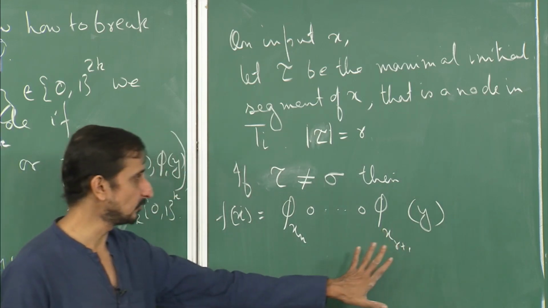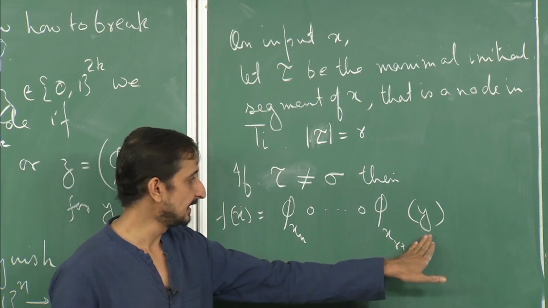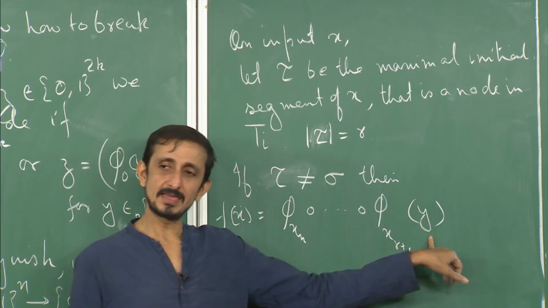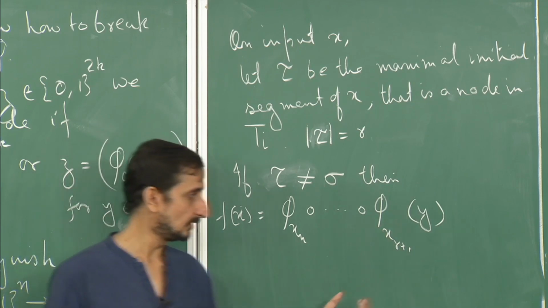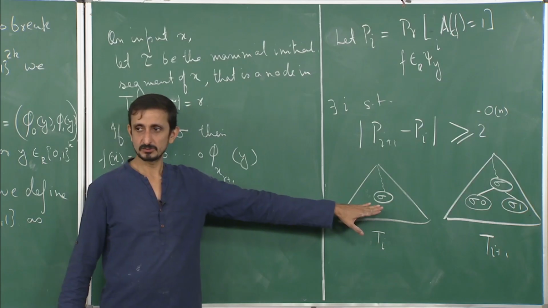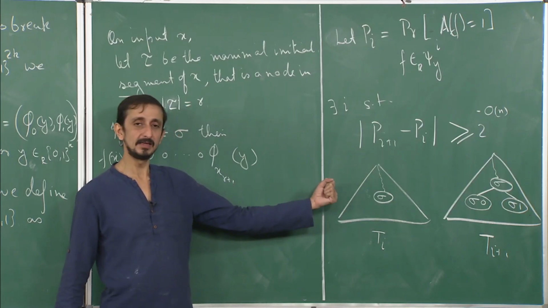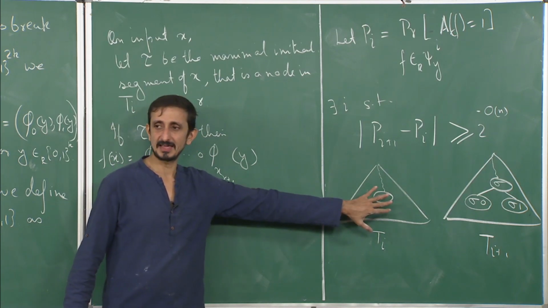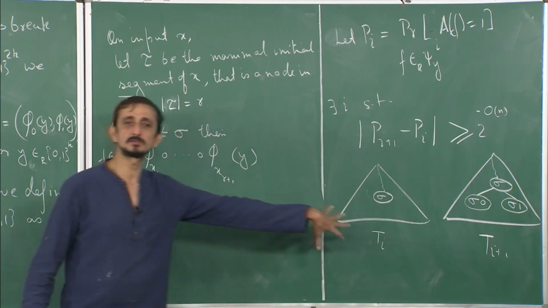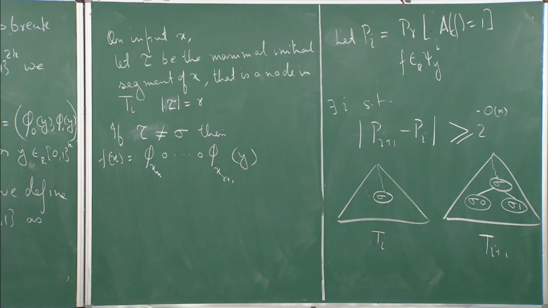One point I want to emphasize is that the choice of this y actually depends on the node of the tree. So when we say I choose a y randomly, it is for a node. Once I have a node of a tree, it is with respect to that node.